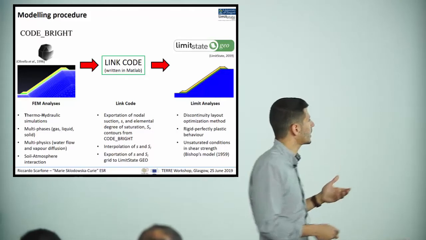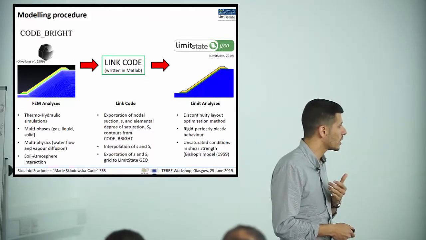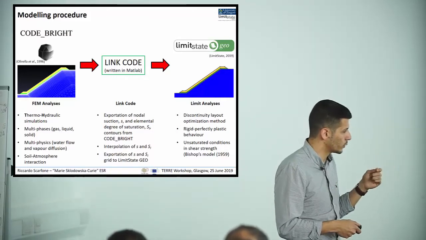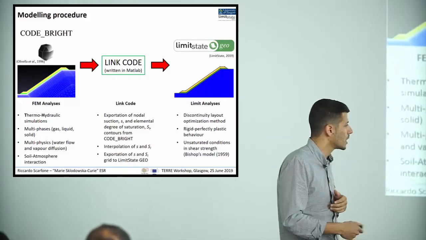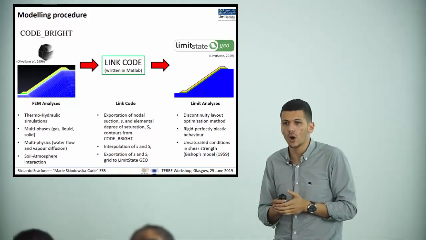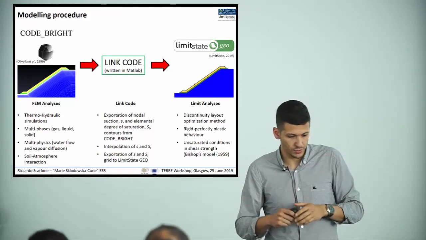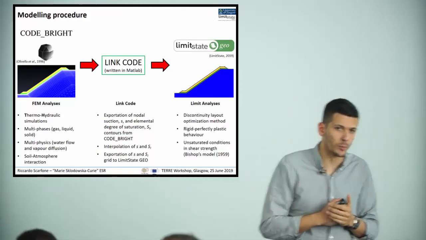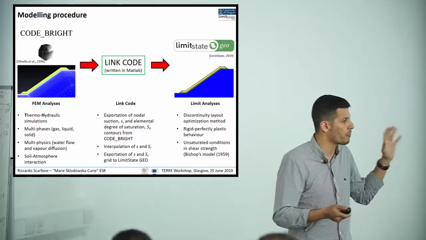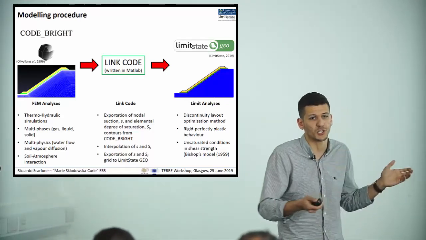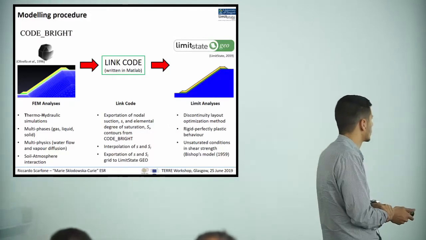It uses a rigid, perfectly plastic behavior, and we consider unsaturated conditions in shear strength using the Bishop model, which is not ideal to represent all the aspects of mechanical behavior of unsaturated soils, but is perfectly adequate to represent the shear strength of unsaturated soils.